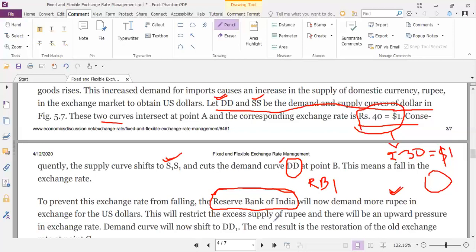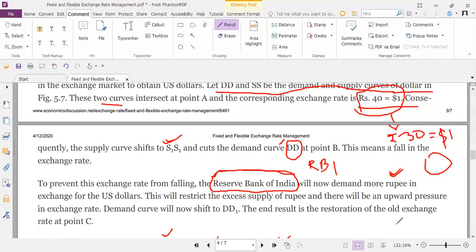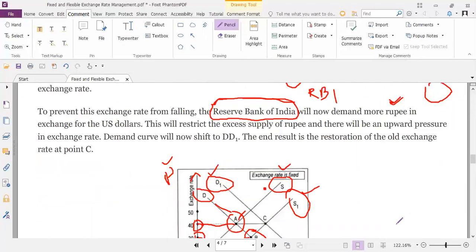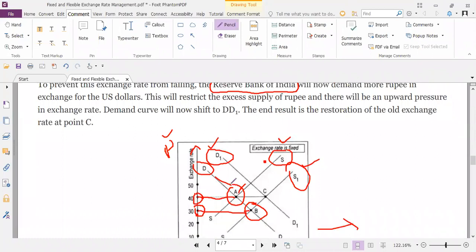This will restrict the excess supply of rupee, and there will be an upward pressure in the exchange rate. The demand curve will now shift to D1. There will be pressure at this point for the exchange rate to move up. Therefore, the demand curve will shift upwards to D1.